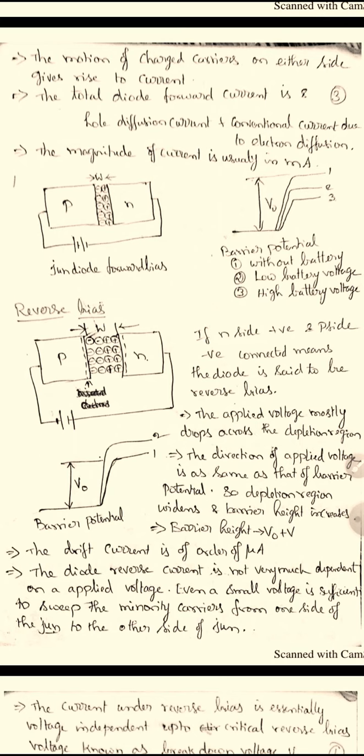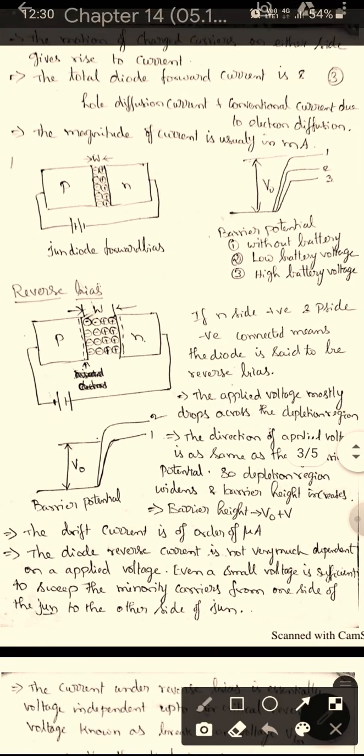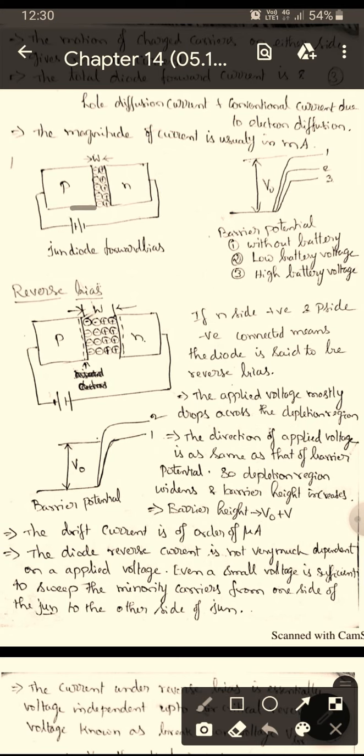See the diagram. If you compare the diagrams, we can find the battery is reversed. In forward bias, the positive terminal of the battery is given to P and the negative terminal to N. But in reverse bias, the negative terminal is connected to the P semiconductor and the positive terminal is connected to the N type semiconductor.